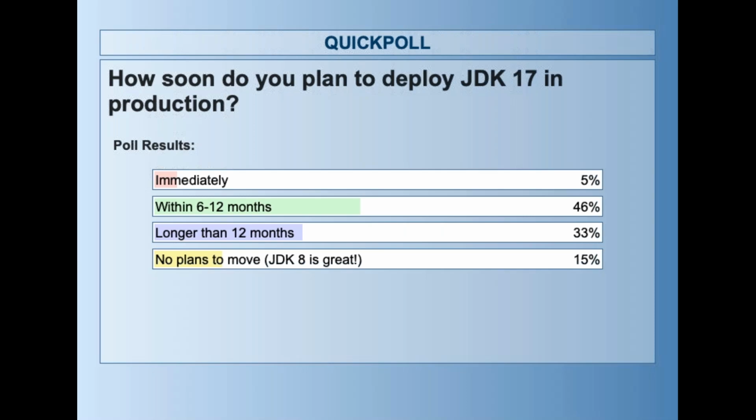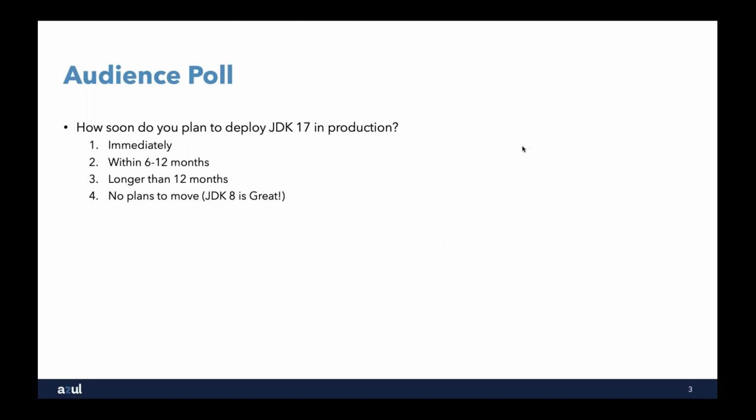A third of the people longer than 12 months, and 15% no plans to move at all. So really, the majority of people are looking to move either now or within 6 to 12 months. I think that's very understandable given that the audience for this webinar is going to be people who are interested in JDK 17. Okay, so let's move on then.